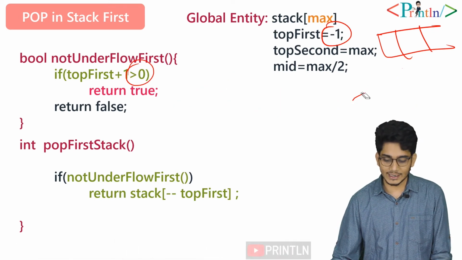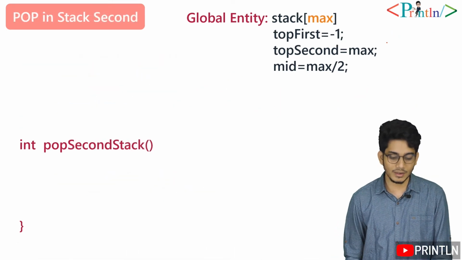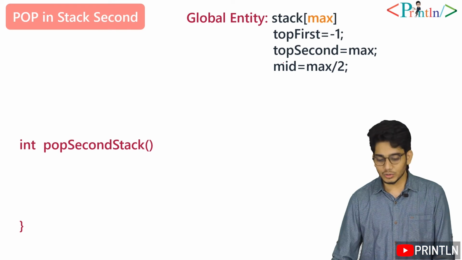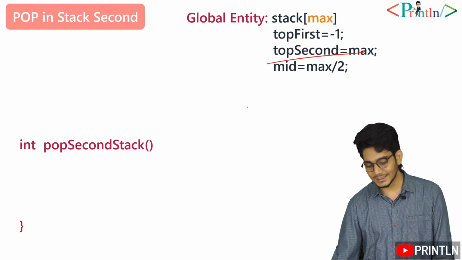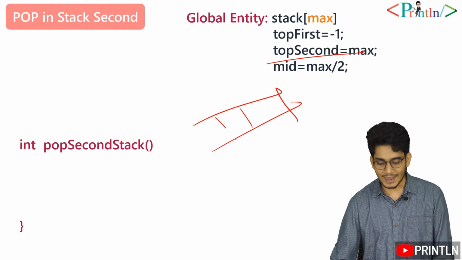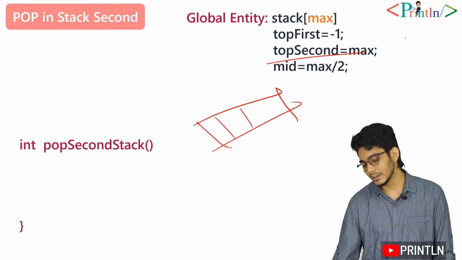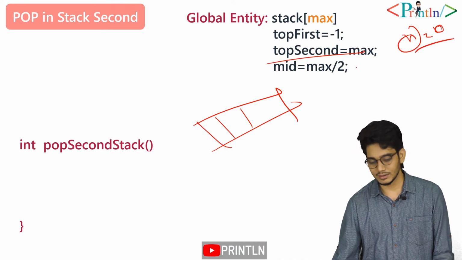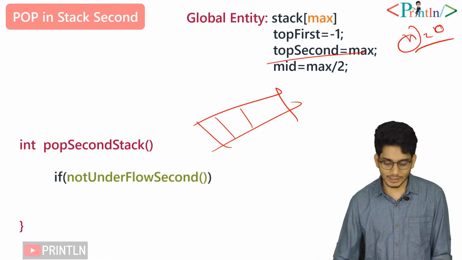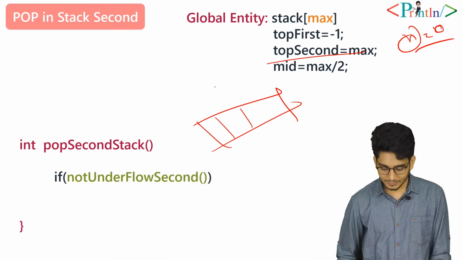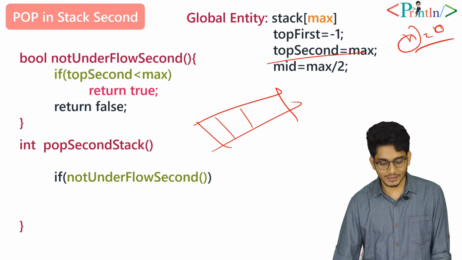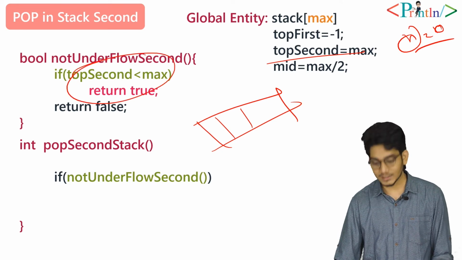Now we'll see how we can implement the pop function within our second stack. For the second stack, what will be the top second? It will be our max, that is n, 10. So what will be the not underflow second condition? It will be whether top second is less than max or not.